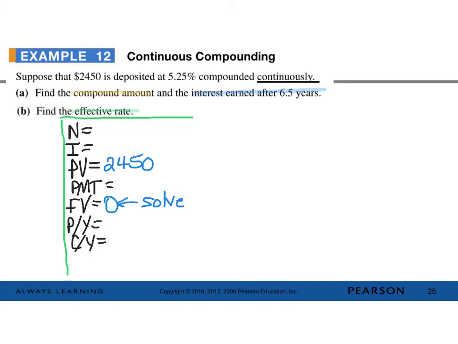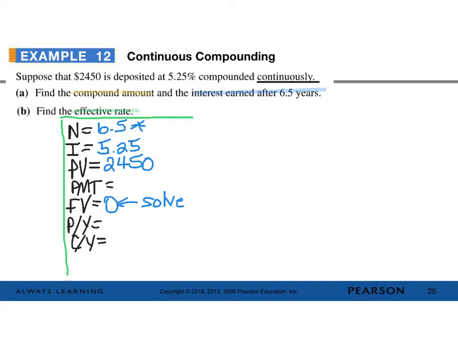The interest rate is 5.25%. And this is going to be the interest earned after 6.5 years, so part of your number of compoundings is going to be 6.5 times the payments and compoundings per year for continuous compounding.